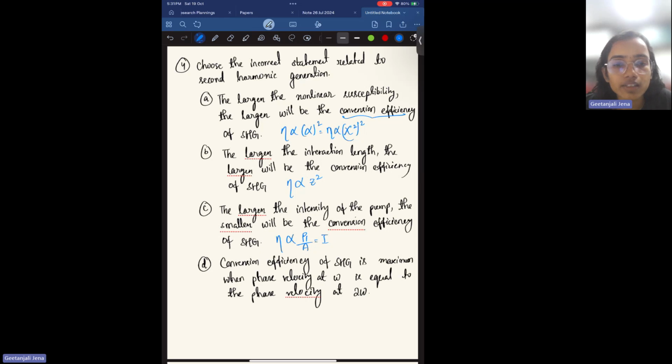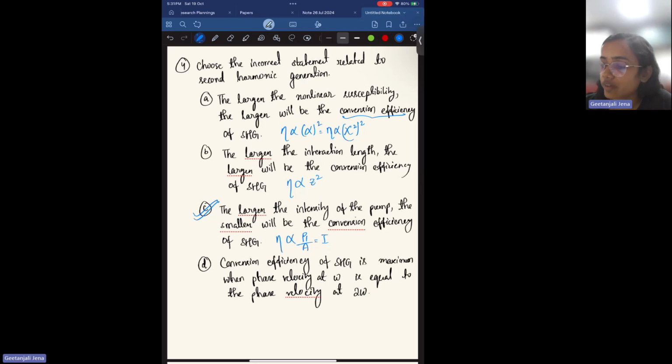As you increase the pump intensity, the conversion efficiency, that is how much incident power will be converted to the power of second harmonic generation, will also increase. So that means we already got the answer. That is option C.